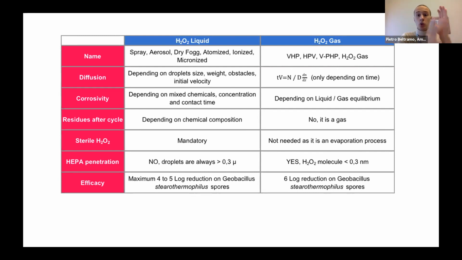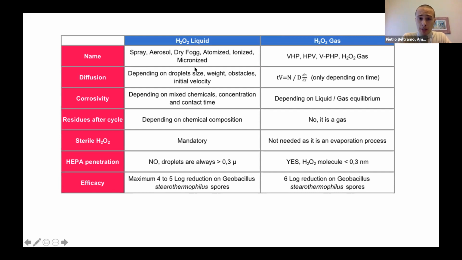When they hit the surface, big droplets immediately break on the surface and everything becomes wet. While where the droplet is very small, usually I speak of less than 10 microns, there is some bouncing effect on the walls, so the distribution is better. And because the droplet is very tiny, it can go farther because it's lighter.